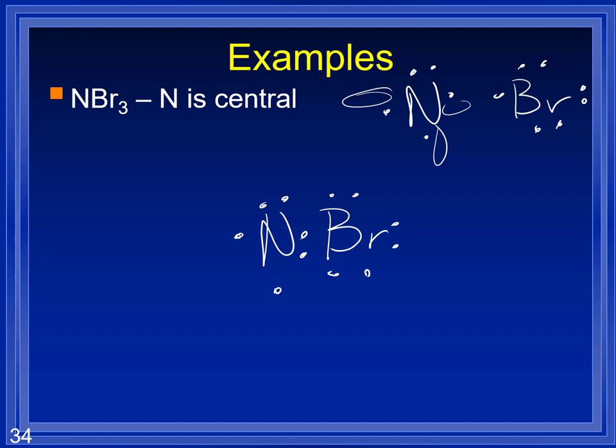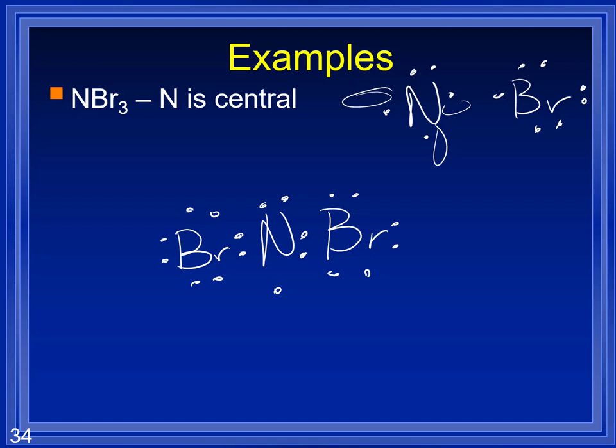And when I do that, that Br now has 8 electrons next to it. It looks like a noble gas. But it's not NBr, it's NBr3, so I have to hook on more Brs. Can you see where another Br would hook onto N? Lots of places. 1, 2, 3, 4, 5, 6, 7.